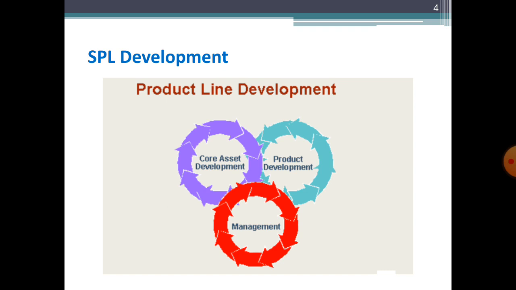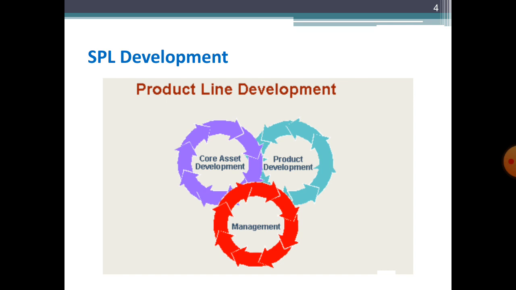It is a strategic decision whether to build a new core asset or to create a product-specific feature for the project under development. It all depends upon the organization, whether they are going to develop a new core asset or only focus on the existing core assets.